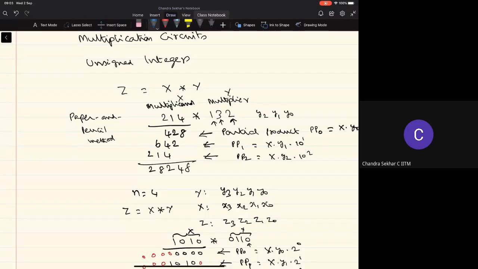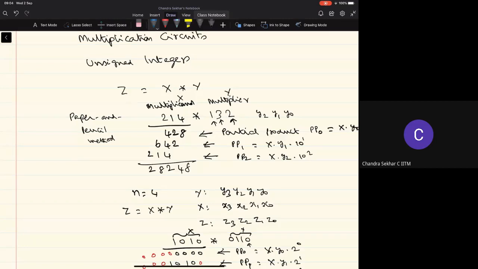So typically it involves multiplication by powers of 10, and here we don't do that multiplication explicitly. We do the spatial shifting of the product of the multiplicand with the particular digit of the multiplier, and then realize the partial product. So basically, for every digit in the multiplier operand, there will be one partial product, and we need to add these partial products to get the final product.